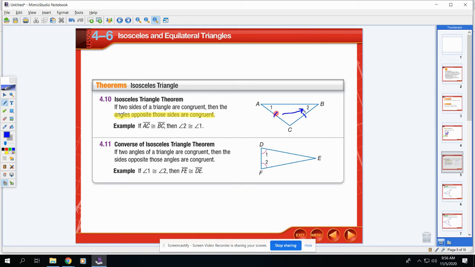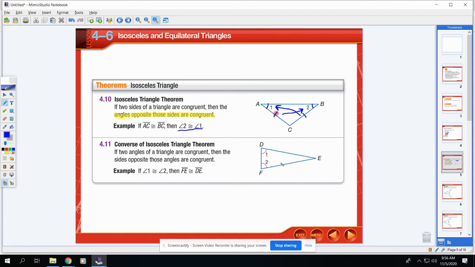I'm going to draw an arrow to angle 2, opposite of this side BC here, and this is saying that angle 1 will be congruent to angle 2. So in isosceles triangles, two congruent sides, two congruent angles. Make sure we remember that.